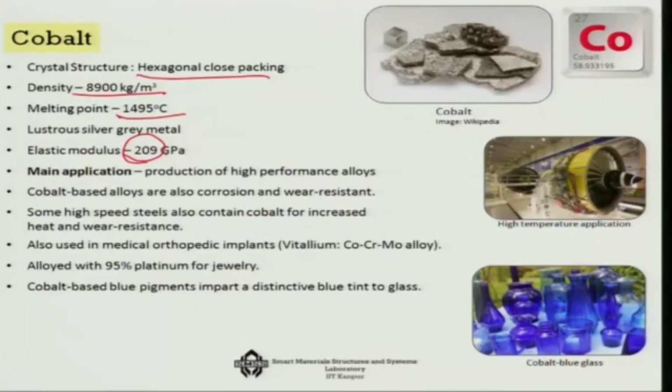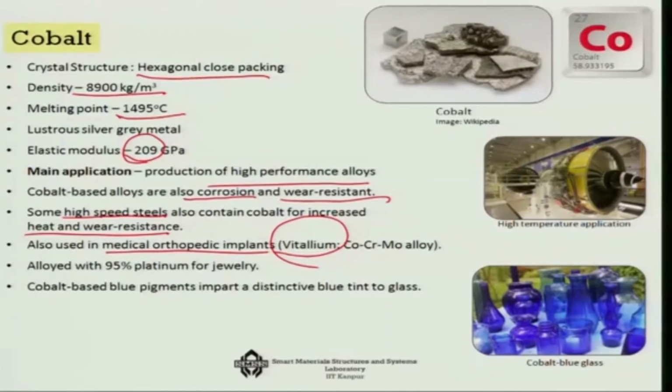Main application is for high performance alloys, particularly when, just like nickel and zinc, you need corrosion and wear resistance, the cobalt comes into the picture. Some high speed steels contain cobalt, I already talked about them for heat and wear resistance. Some medical orthopedic implants use cobalt, chromium and molybdenum together, called Vitallium.